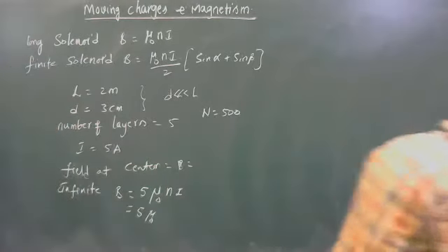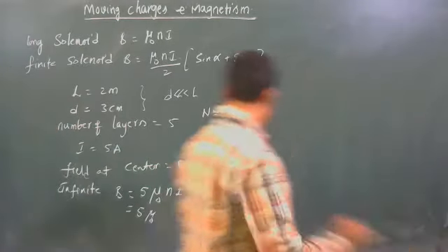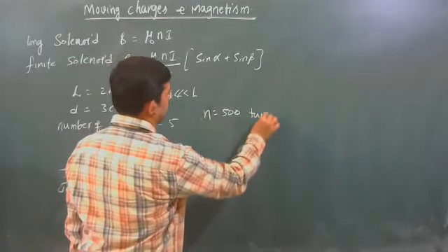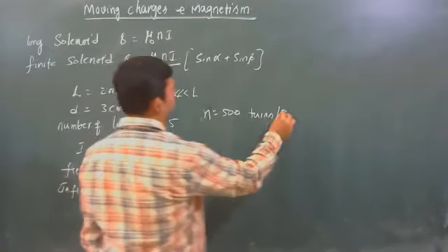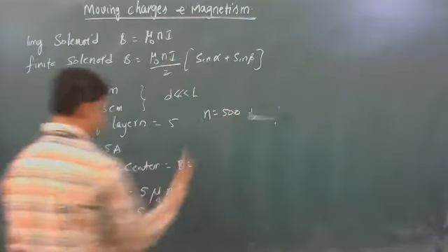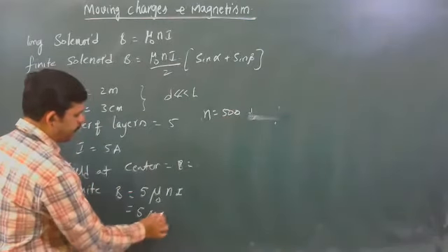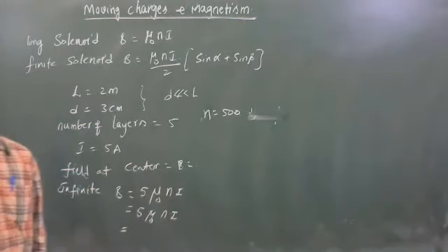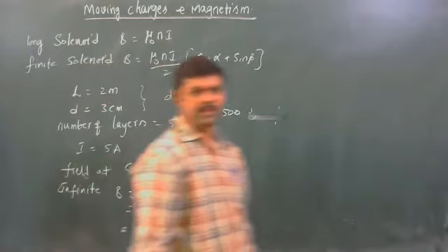N is what here now? 500 by 5, and 500 by 2. Given that 500 turns per layer. Turns per unit length, this is small n. Mu naught n i. Simply substitute the values. Given that 500 turns per unit length, small n is given.